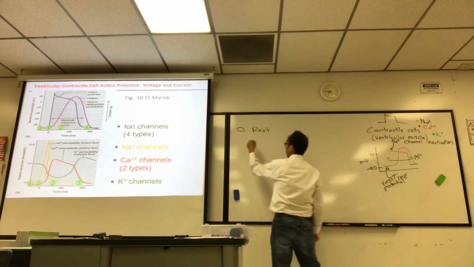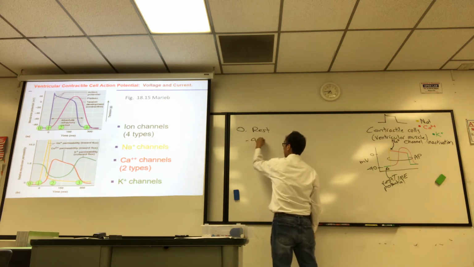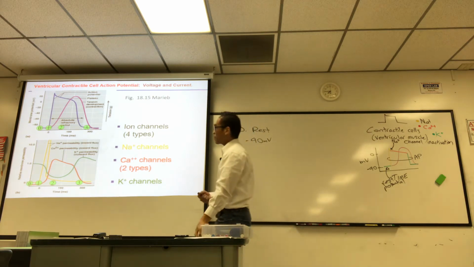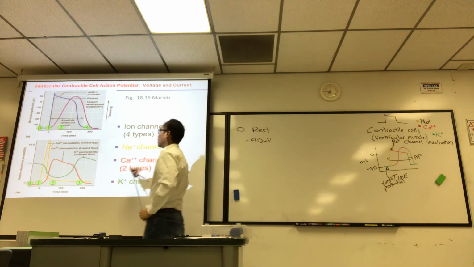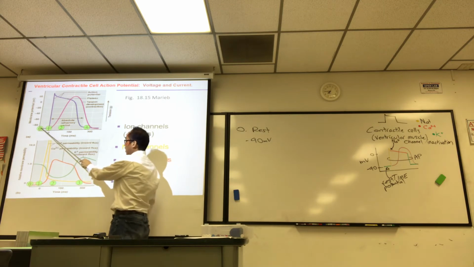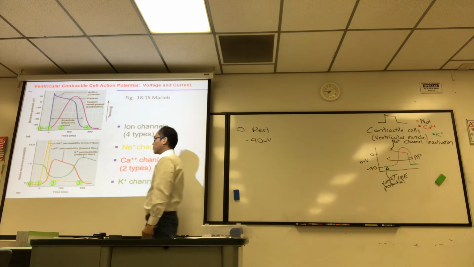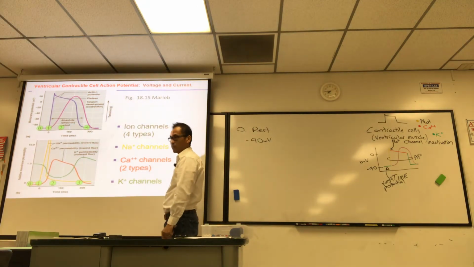At rest, the millivoltage is -90. It's about -90. So what we want students to see with this bottom graph is, how is it -90? What is the cell permeable to?